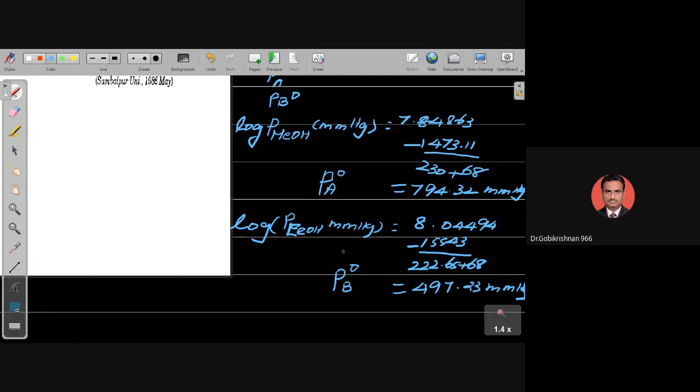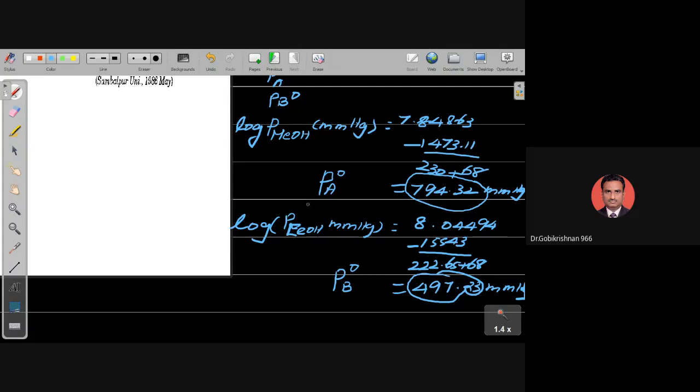Why am I specific to methyl alcohol? Because methyl alcohol is more volatile. How do I know? Just by looking at the vapor pressure. The vapor pressure of methyl alcohol is very high compared with that of ethyl alcohol, isn't it? Therefore it is very high.